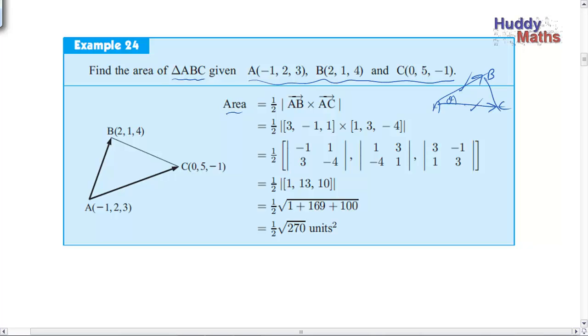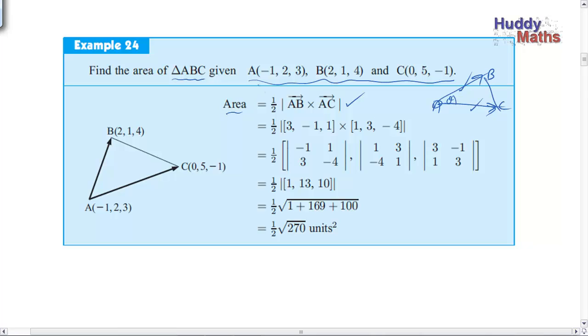But you could use any pair. You could use AB and BC. So the idea here is to just have a little diagram and go from a point outwards to the other two and define the triangle in that way. So it's half the cross product.